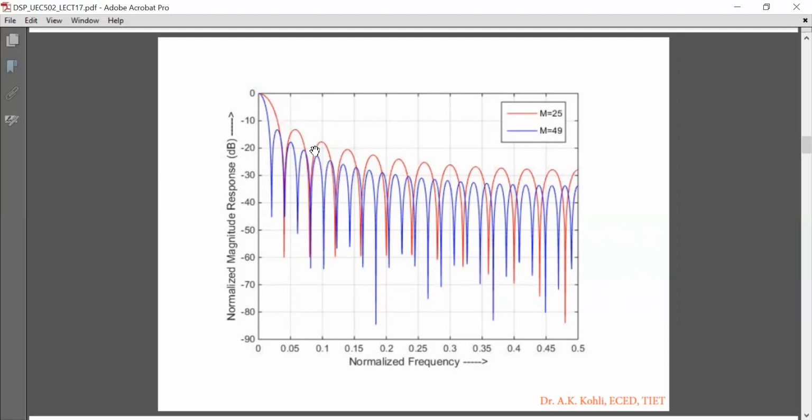For M equal to 49, the width of the main lobe is less. Even the width of the side lobes has decreased for M equal to 49. So this gives me a very clear picture of what happens if I increase or decrease the value of M.